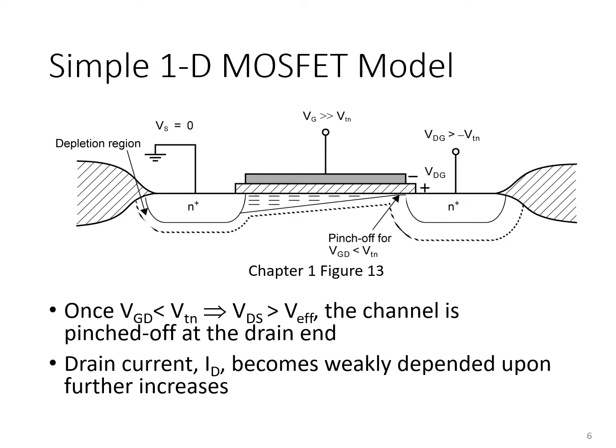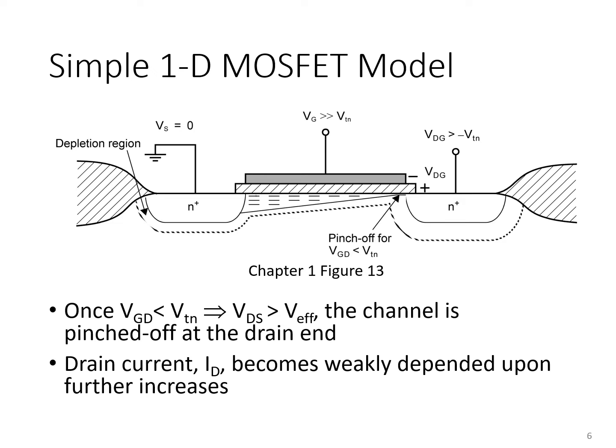Once the gate to drain voltage no longer exceeds the threshold voltage, then the channel is pinched off at the drain end, and we're going to refer to this mode of operation as active mode. It's also often called saturation mode for transistors, although that can sometimes be confusing since it's more analogous to the active mode of bipolar transistors than the saturation mode of bipolar transistors.